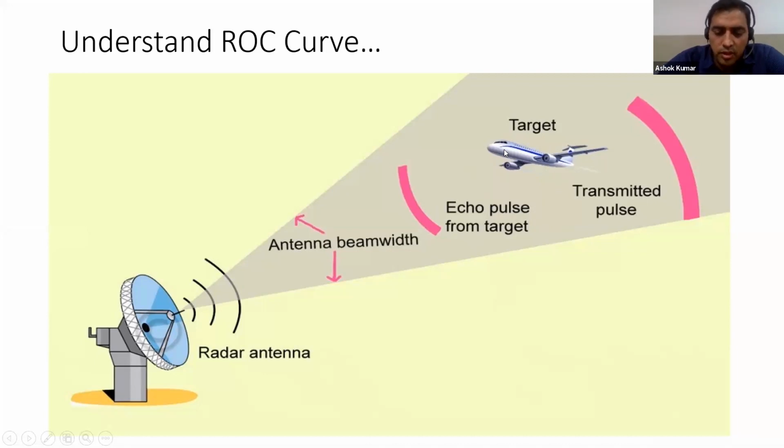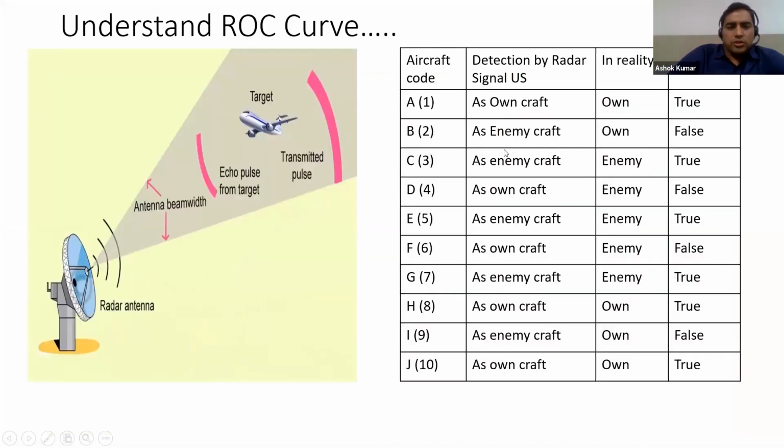Suppose there are 10 aircraft, with codes 1 to 10, and detection by radar signal, US, United States. This is just an example. And these are the final results, fail or pass.